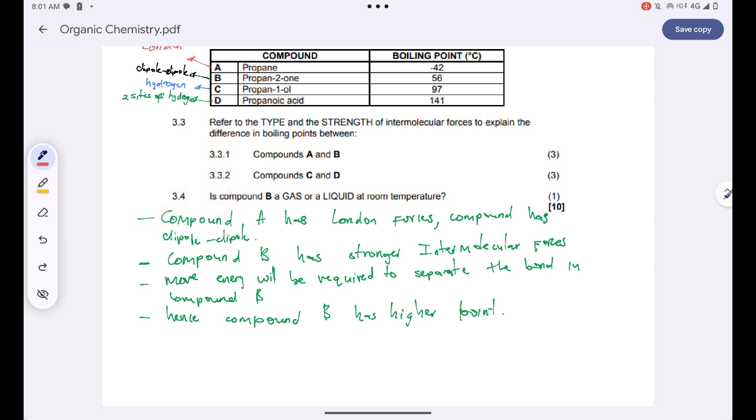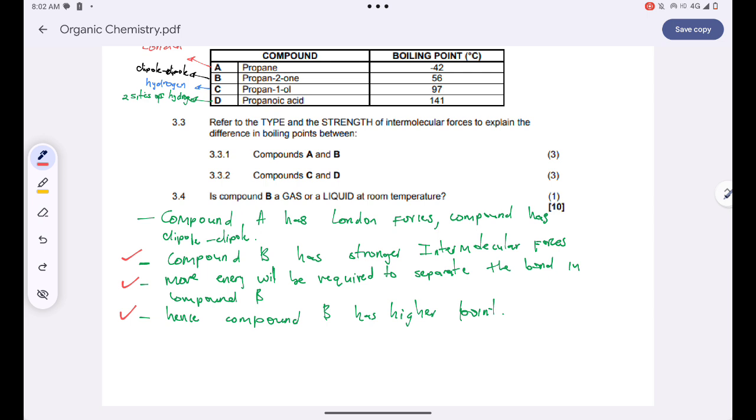Compound A has London forces and compound B has dipole forces, and then on this point we'll therefore say compound A will have weaker intermolecular forces compared to compound B, and then on the third point we'll simply say that less energy will be required to separate the bonds of compound A compared to compound B, and hence the boiling point of compound A is lower than that of compound B. You can contrast by using the two compounds.